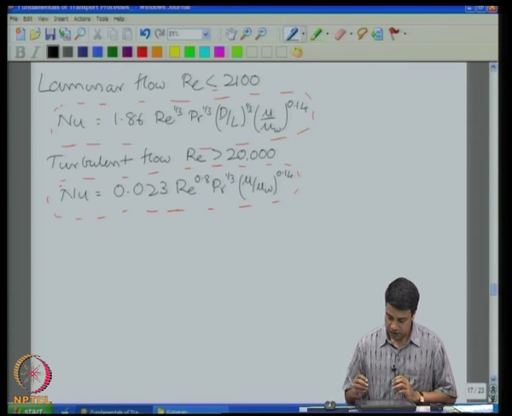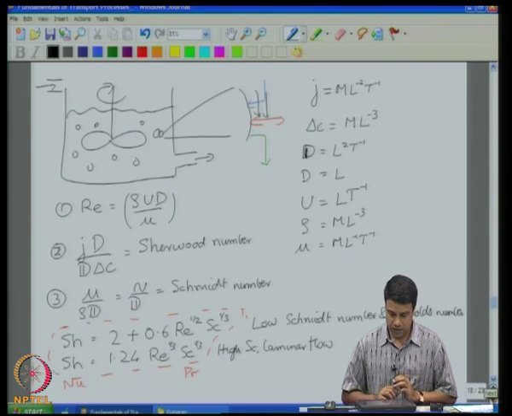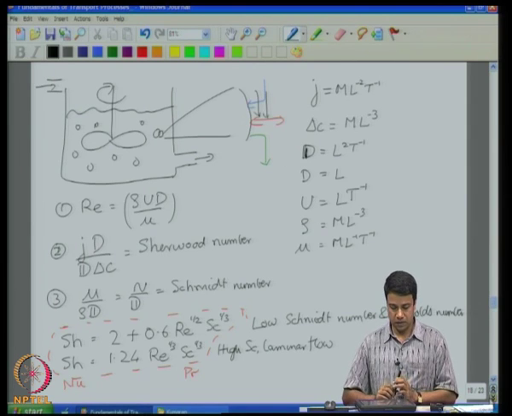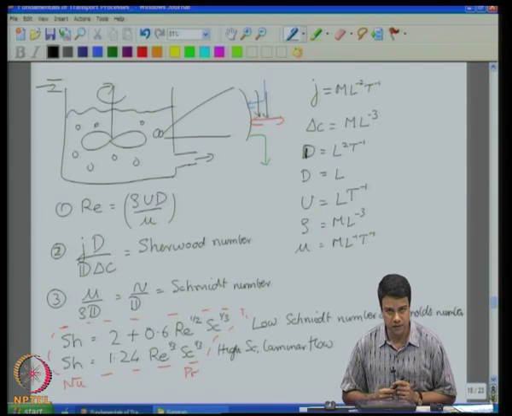In a similar manner, we looked at the heat transfer and mass transfer from a catalyst surface in the reactor problem. In that case, the mass flux is related to the difference in concentration, the diffusion coefficient, as well as the particle diameter, the velocity, density, and viscosity.